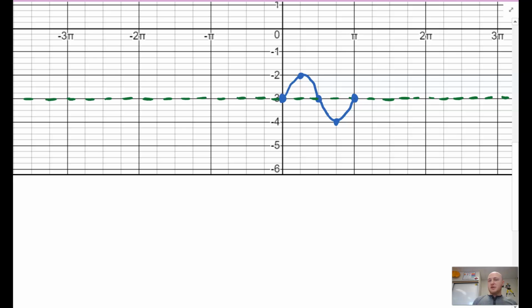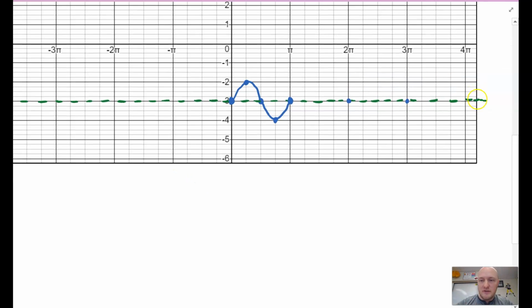So again, something you can do is plot 1 cycle and then just repeat it all the way out. Or if you're cutting your graph up into periods, which I'll go ahead and do now, this is something I do. Then I'll graph my third midline point, and then a max, and then a min.